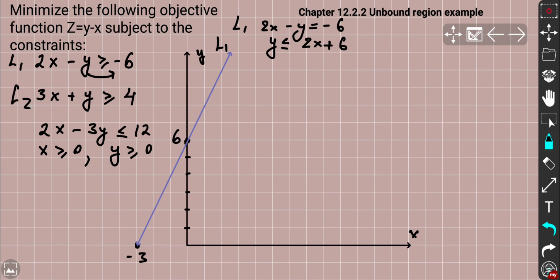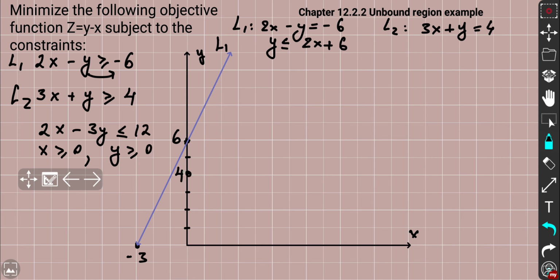This is line 2. For L2, I'm going to use the following equation: 3x plus y equals 4. If x is 0, 4 is going to be the y-intercept, so that's 4.